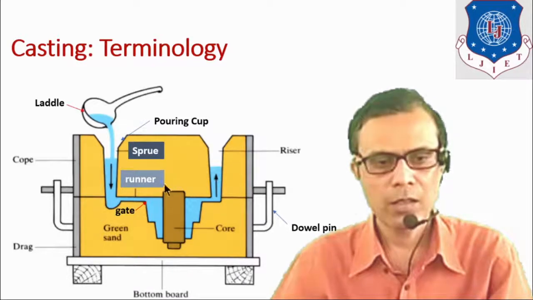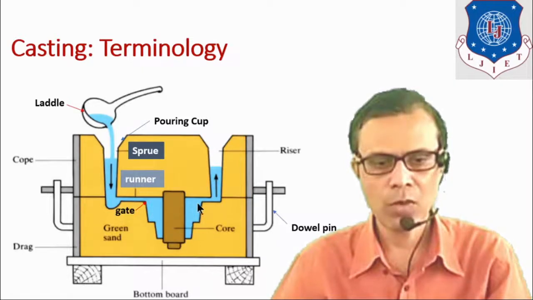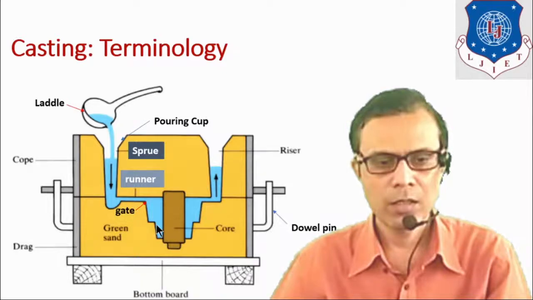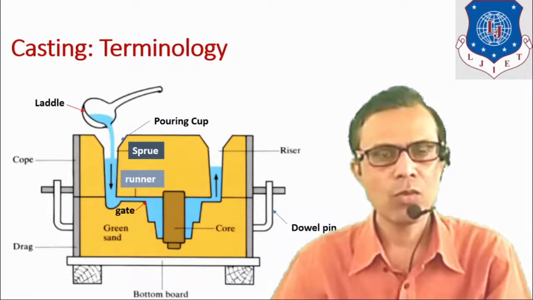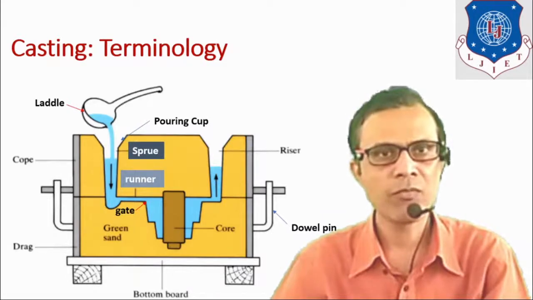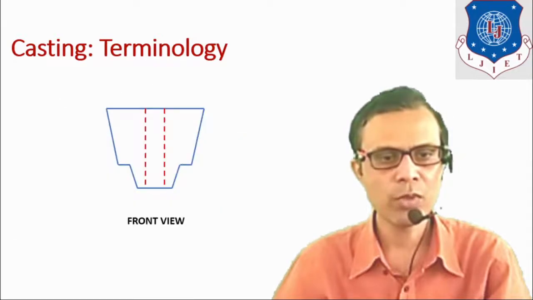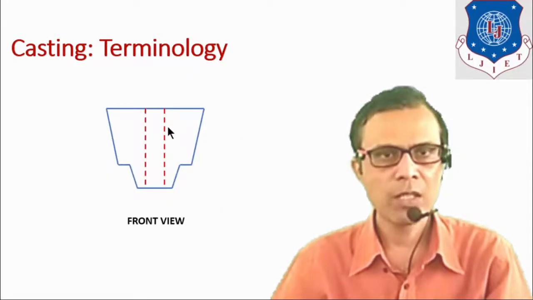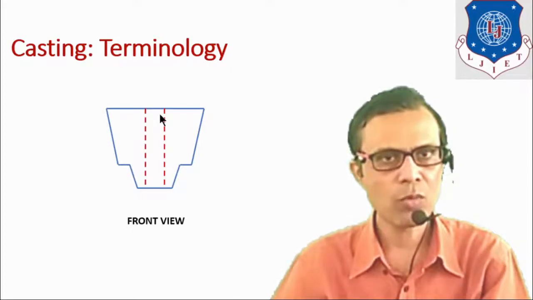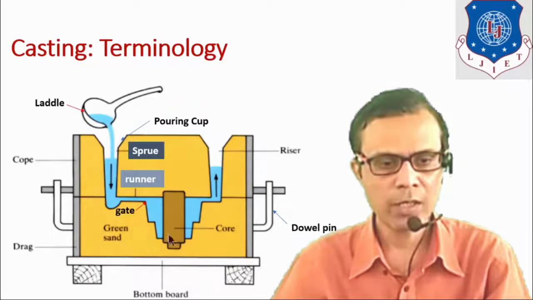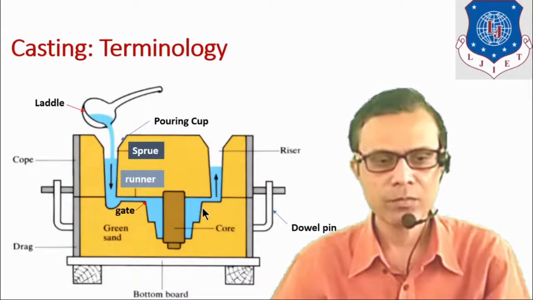Here this pattern is shown by this way. Actually, pattern is a replica or duplicate of the workpiece which we want to produce. So as I showed you, it is a workpiece which we want to produce and it is a hole which should also be there, right? So here it is a pattern of this workpiece.